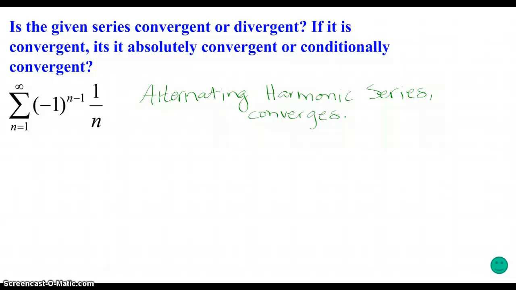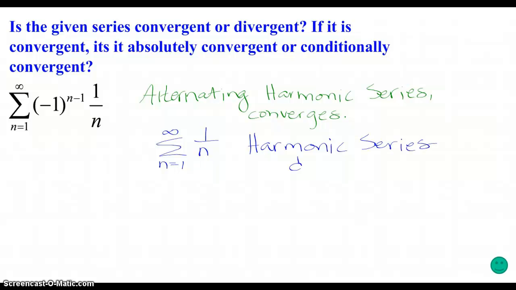So now, since it is convergent, we can talk about what type of convergence. Let's talk about its positive counterpart. Well, the positive counterpart is the harmonic series. By definition, we know this series diverges.